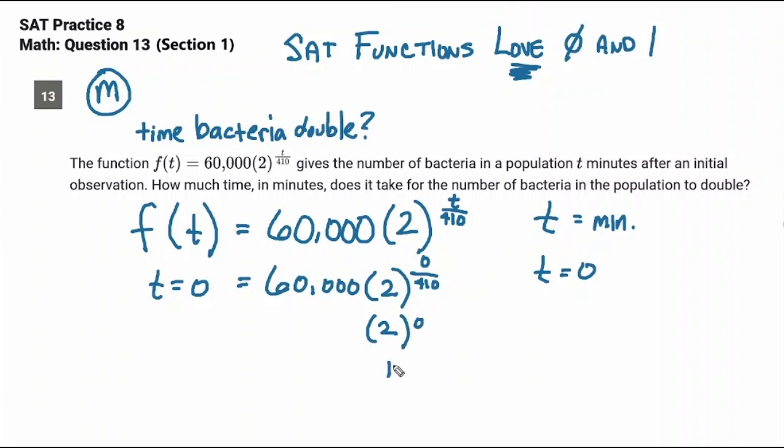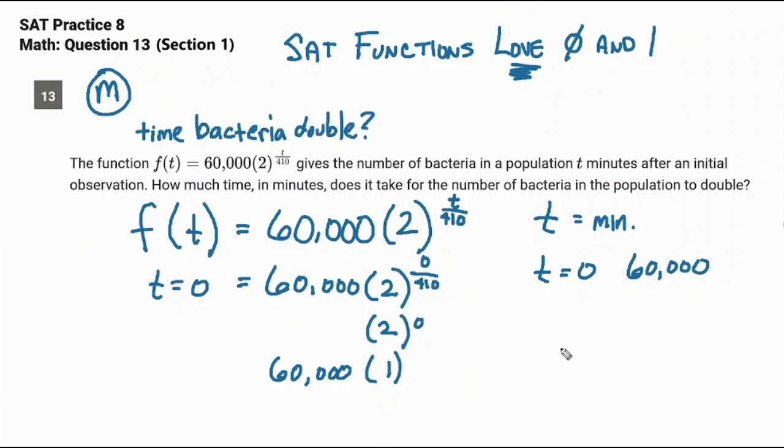It's 1. So all of this is just 60,000 times 1, and you end up with 60,000. 60,000 what? 60,000 bacteria. What is 0 minutes? 0 minutes is when you start. That's the initial observation. So at the initial observation, you have 60,000 bacteria.